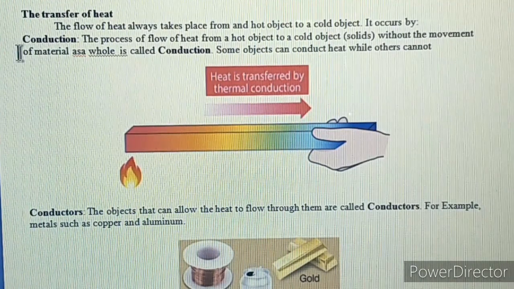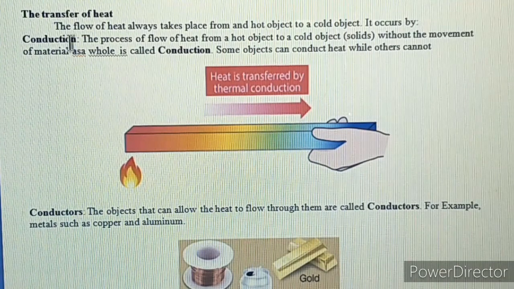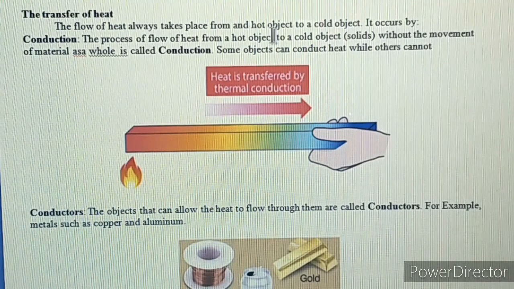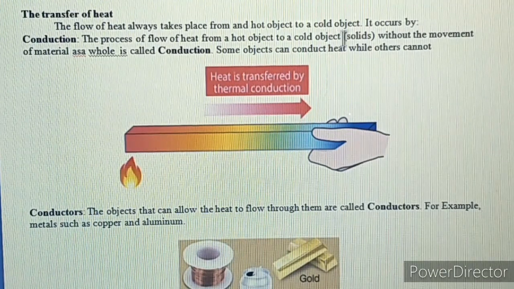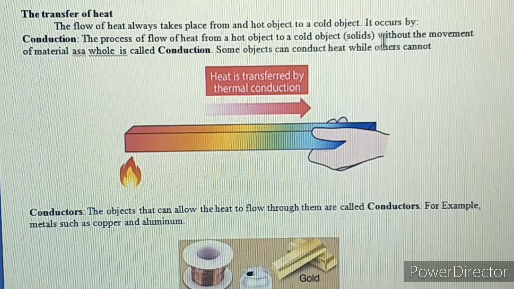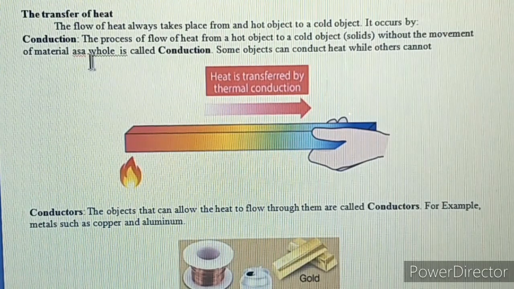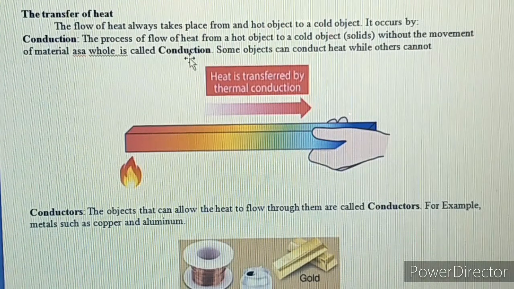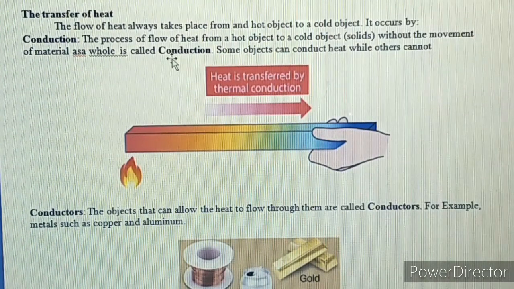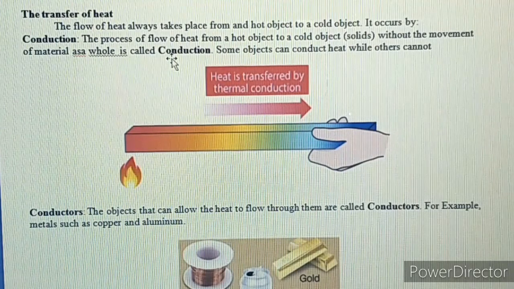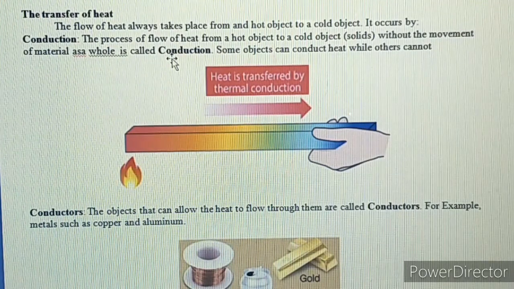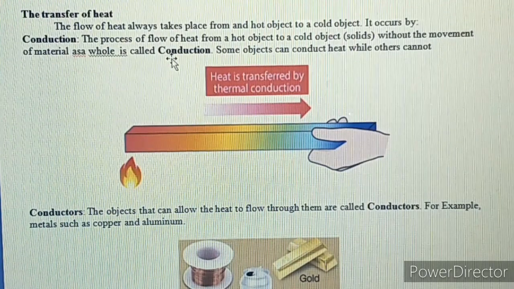The flow of heat always takes place from a hot object to a cold object. It occurs by conduction. The first process is what? Conduction. The process of flow of heat from a hot object to a cold object, which occurs only in solids without the movement of material as a whole, is called conduction. So here the material does not move from its place, but just due to heating, when we heat an object, the particles which are present in the solid vibrate in their own place and produce some energy.